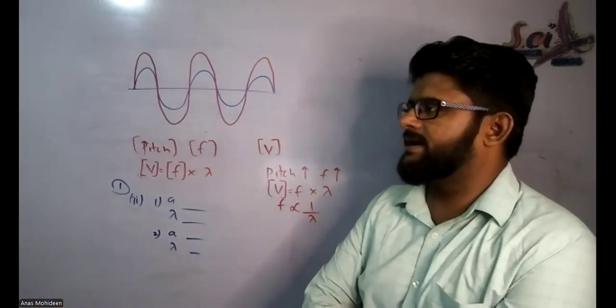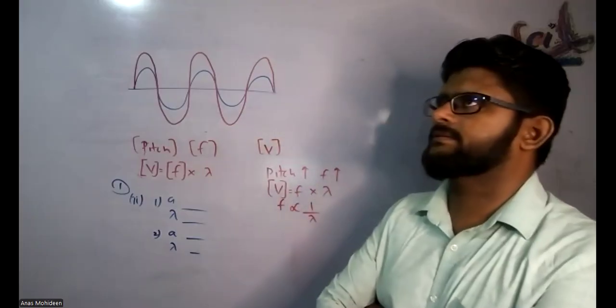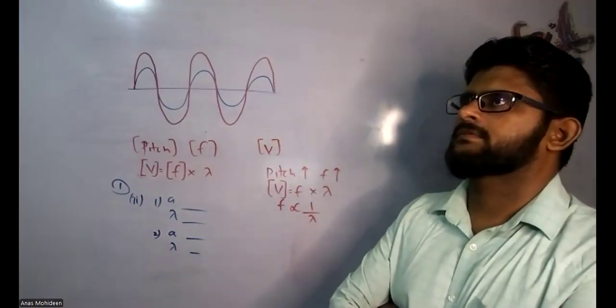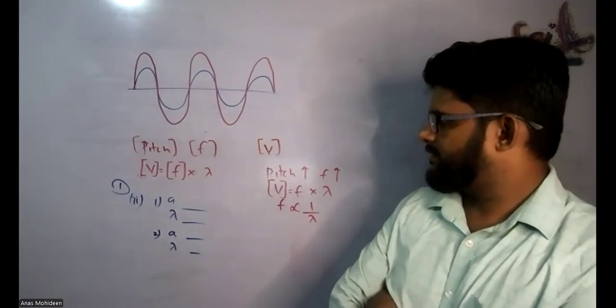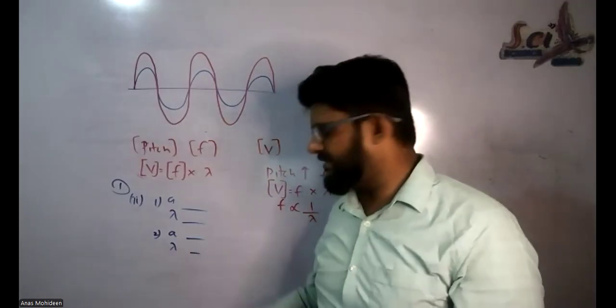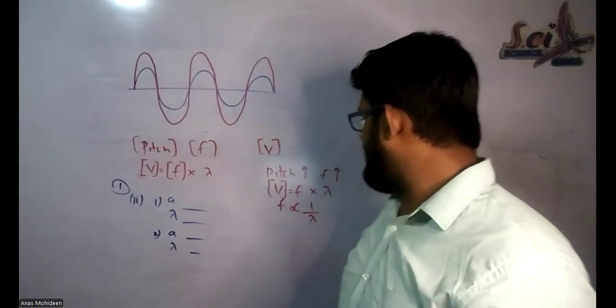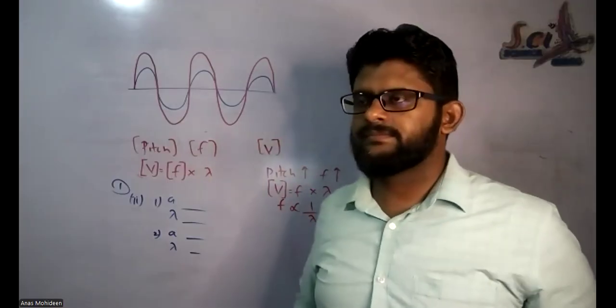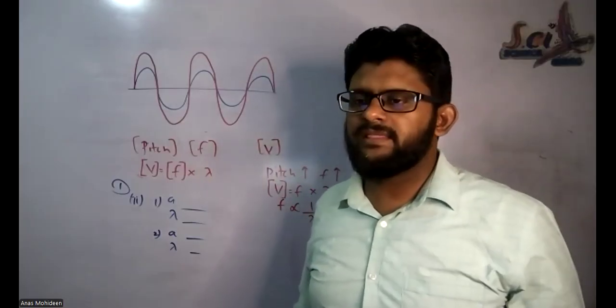A stays the same as the loudness is constant. A means amplitude. For wavelength, the wavelength reduces.